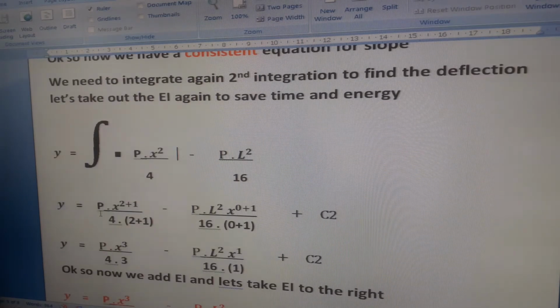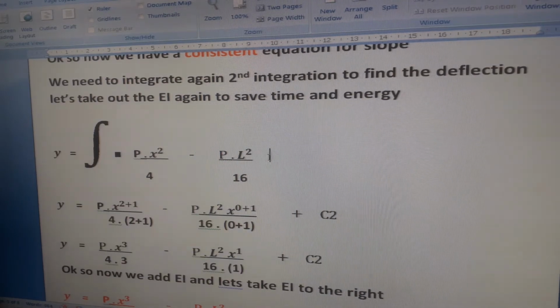Therefore y is equal to Px to the power of 2 plus 1 divided by 4 times 2 plus 1, which is the same as the x exponent, minus PL squared. In this term x is to the power of 0, because x to the power of 0 is 1.